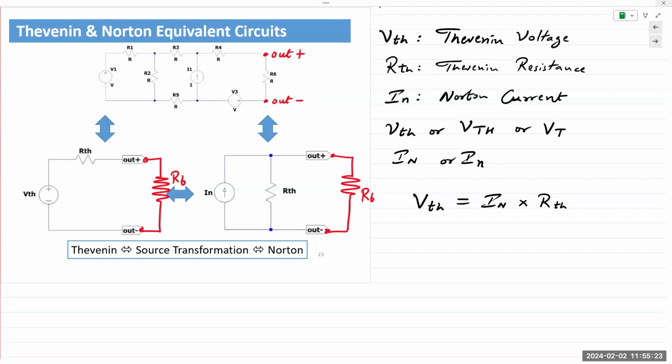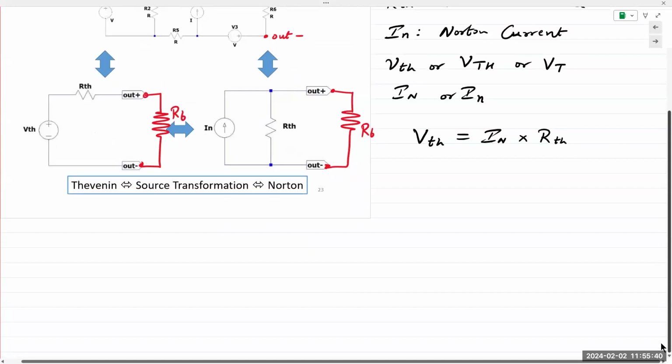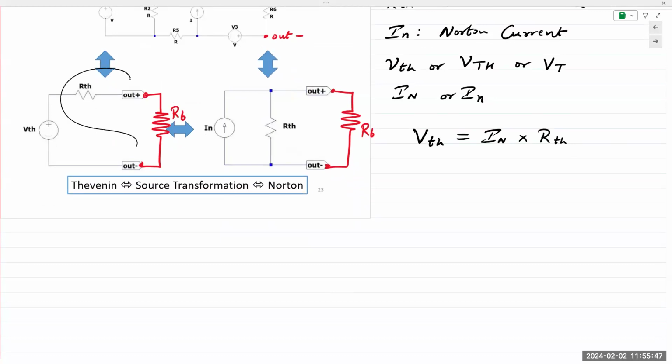Okay, so let me explain why it is more useful to find the Thevenin equivalent circuit. Remember, I said if you want to find VR6, we have to perform analysis every single time, right? But now, what is the relationship between RTH, R6, and VTH here? What do you see?